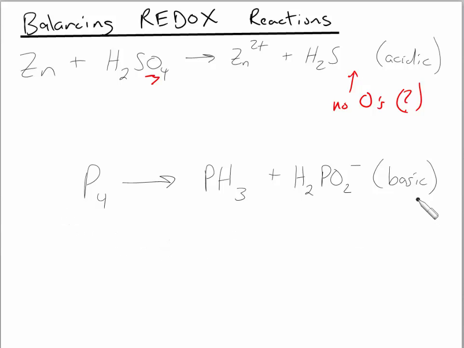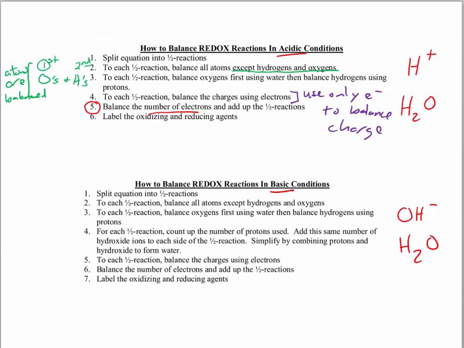Well, what you have to remember is that in a basic solution, there are oxygens and hydrogens in the form of the hydroxide ion and the water molecule, and these are the ones that are going to balance out this reaction ultimately. Now, to get there, we actually do a little trick, okay?